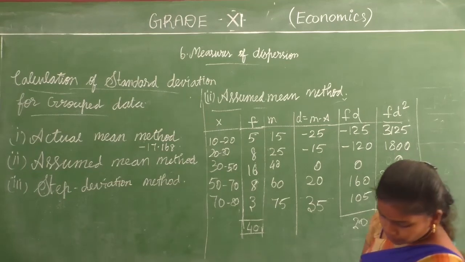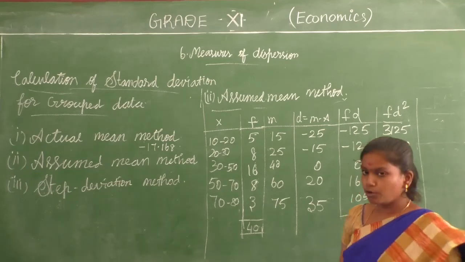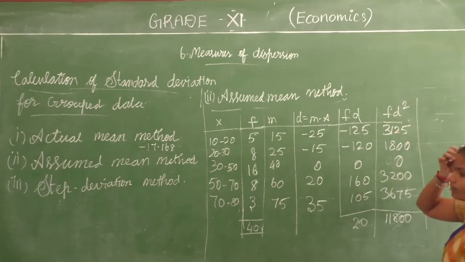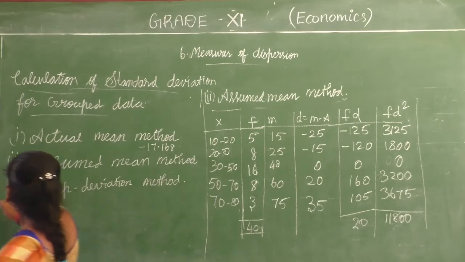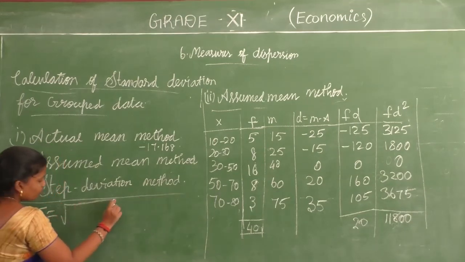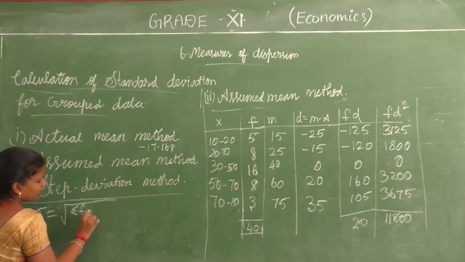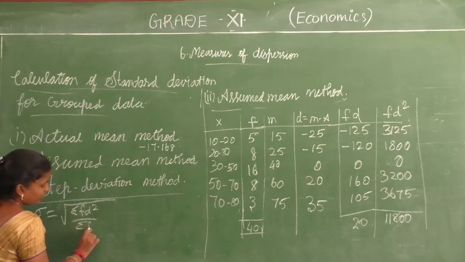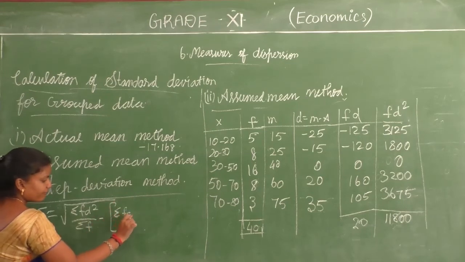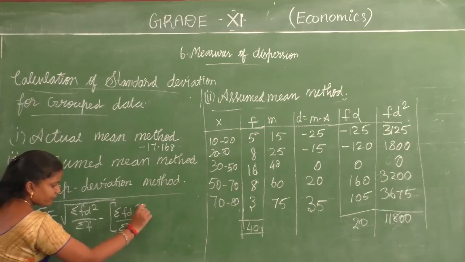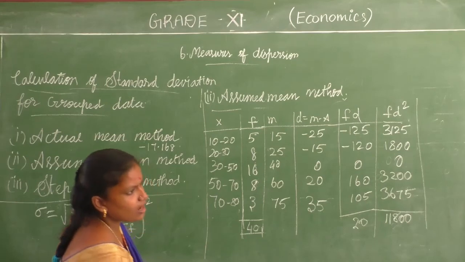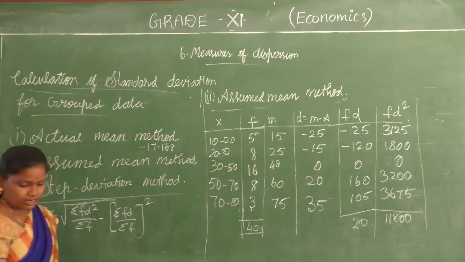Now we need to put it in the formula, which is sigma is equal to root of summation fd squared by summation f minus summation fd by summation f, the whole square. What we have done is extra multiplied the f value.